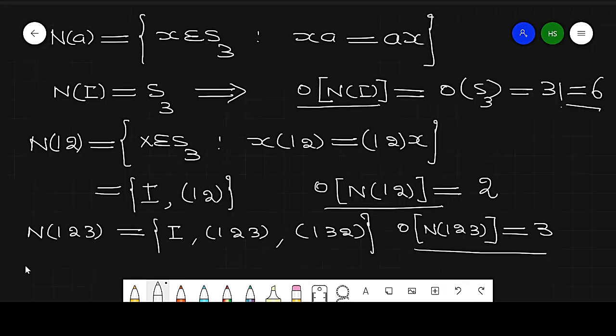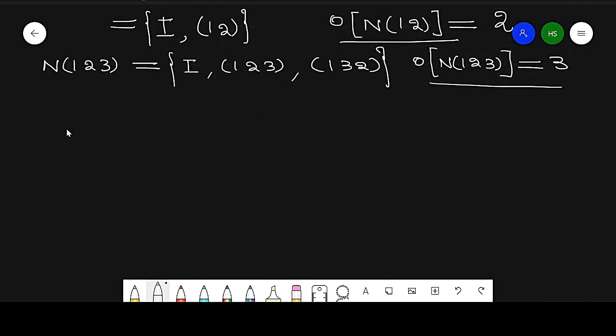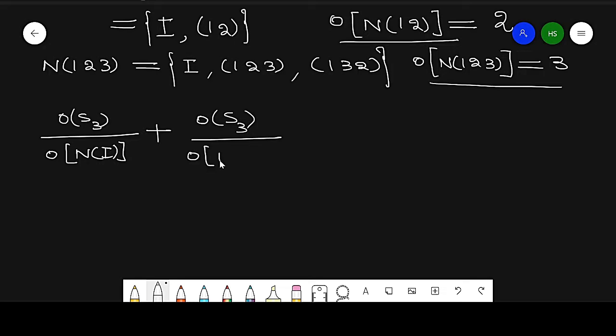Now, to verify the class equation: first the order of S3 over the order of the normalizer of the identity, plus the order of S3 over the order of the normalizer of (1 2), plus the order of S3 over the order of the normalizer of (1 2 3).